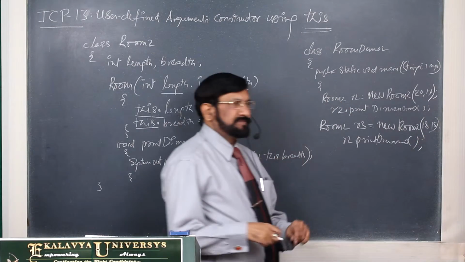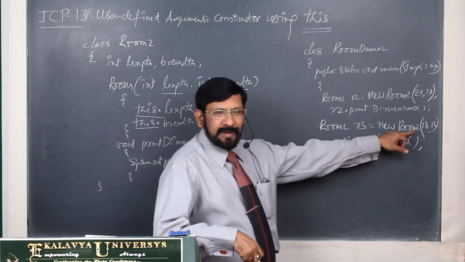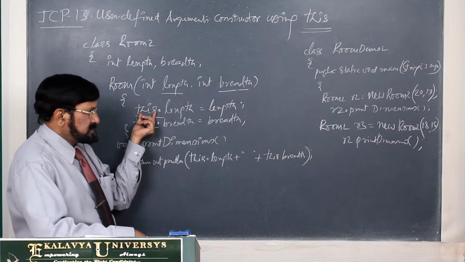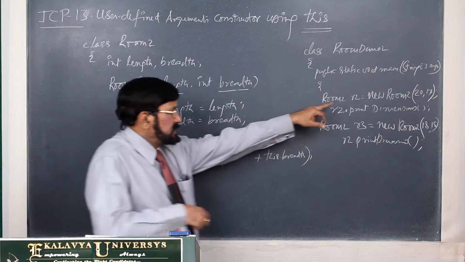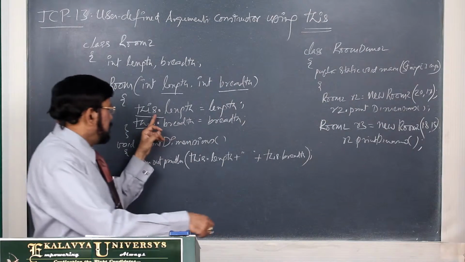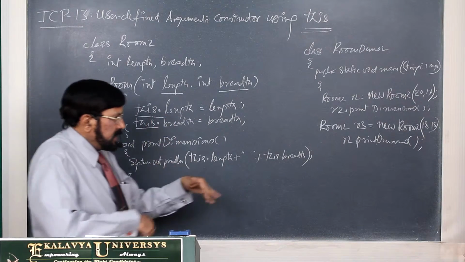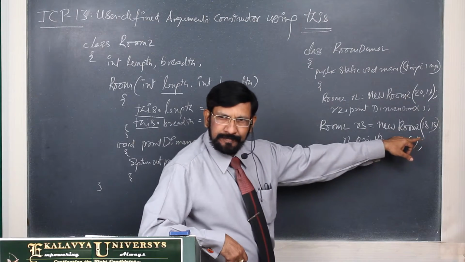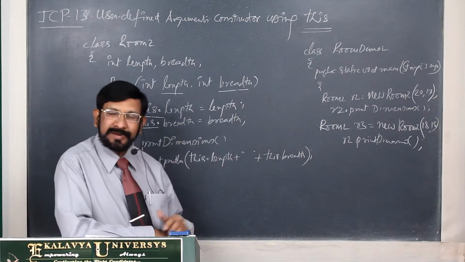Now you see, R3 is calling the constructor. In this case, when R2 is calling the constructor, this is the synonym of R2. When R3 is calling the constructor, this is the synonym of R3.